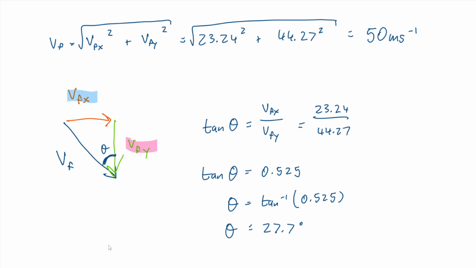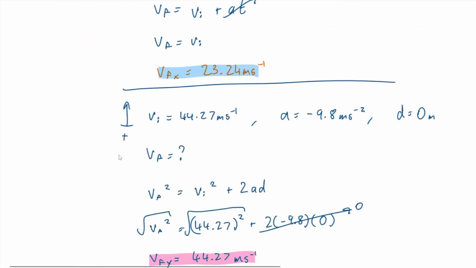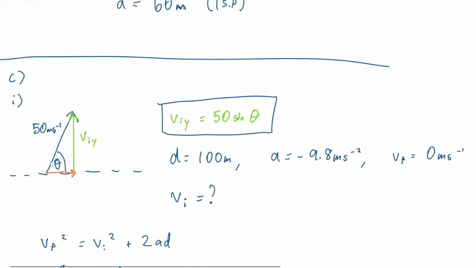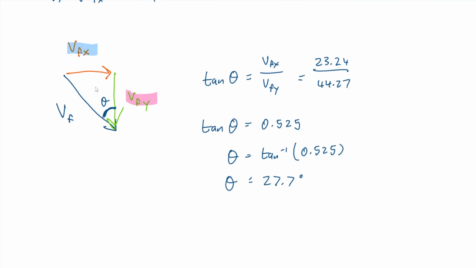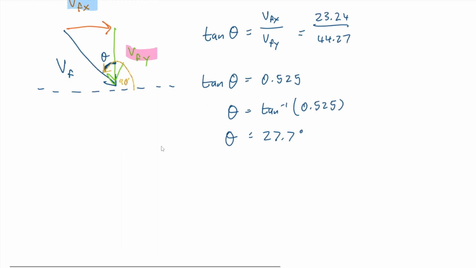Now that is theta, but let's keep with the convention that the original angle was measured from. So from the horizontal, counterclockwise. From the horizontal, let's put in the horizontal, counterclockwise. So this angle right here. And so what that would be is 90 degrees from that right angle plus theta.